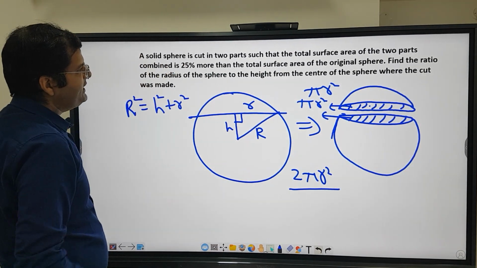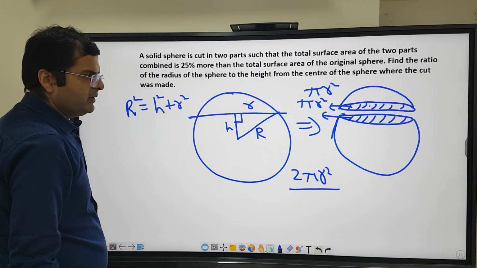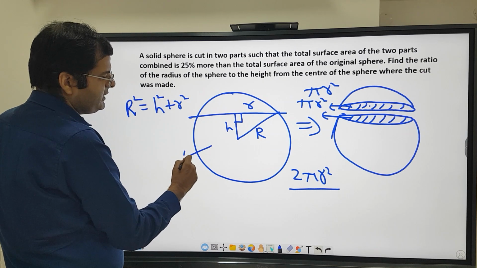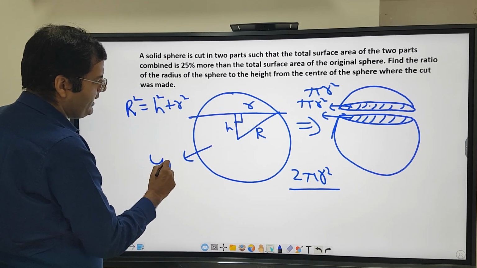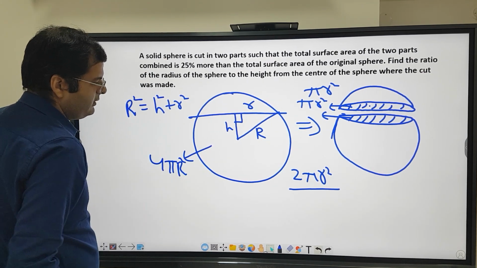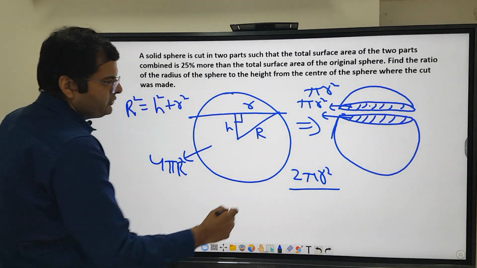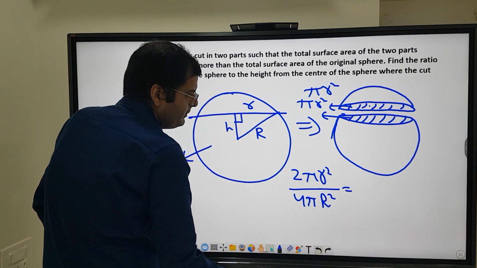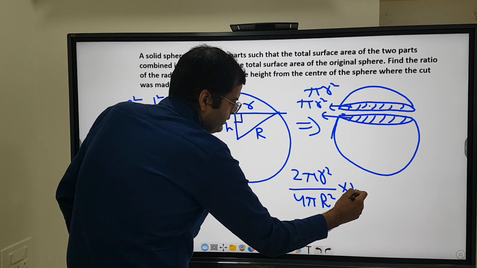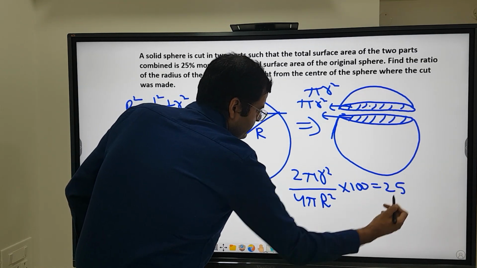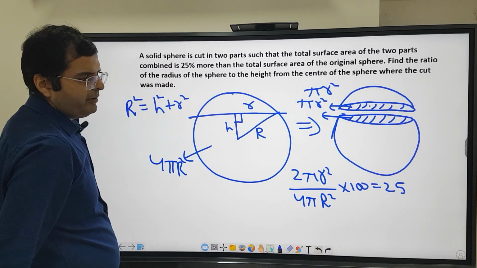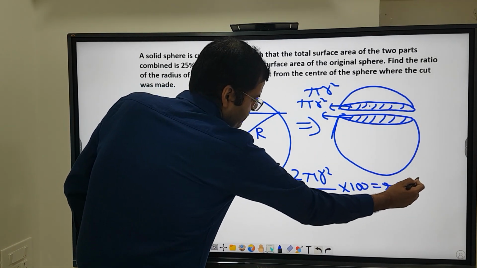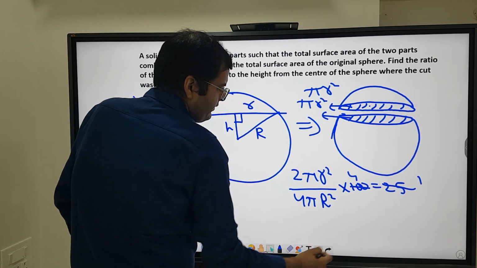In terms of percentage, it is given to be 25%. So the original surface area of a sphere was 4 pi capital R square. So 2 pi small r square upon 4 pi capital R square into 100 should be equal to 25, because it is 25% more. So from here, 25 goes 1 and 4 is 100.